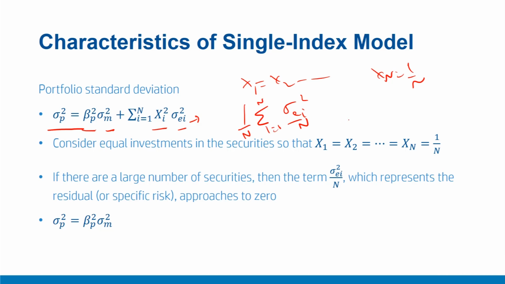Now in this expression, if n is very large, then this expression tends to 0. And therefore the stock specific or residual component of risk approaches 0 and only this expression remains.